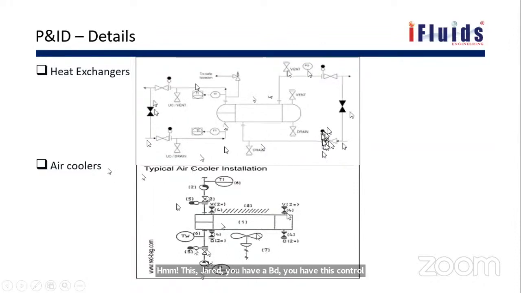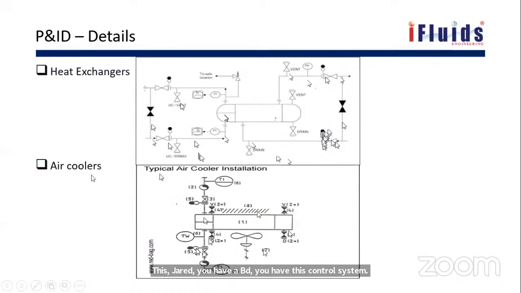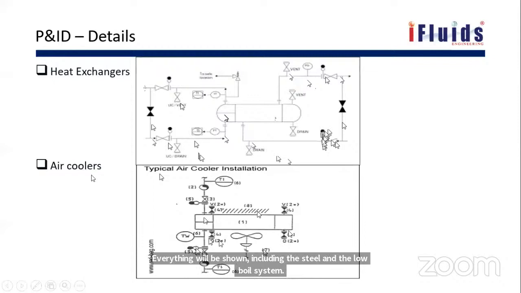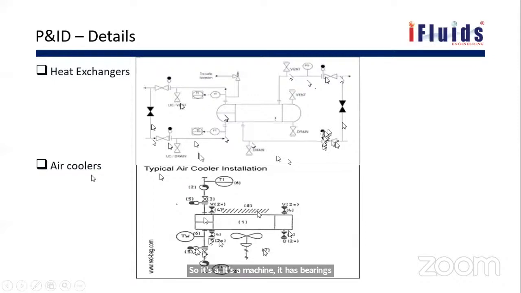Everything will be shown, including the seal and the lube oil system. So it's a motor, it's a machine. It has bearings, it generates heat, friction. So you'll have a lube oil system for that. That lube oil system will also have its own P&ID. Whatever is available in the plant will be available in the P&ID.